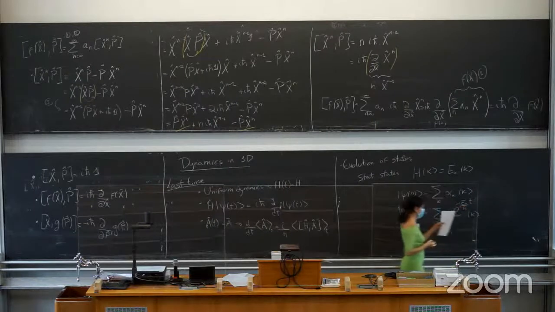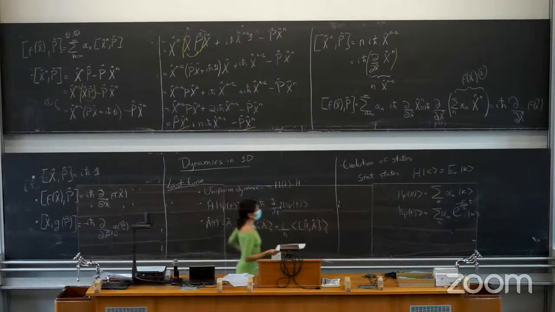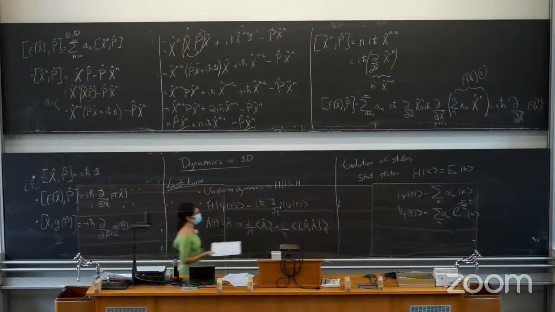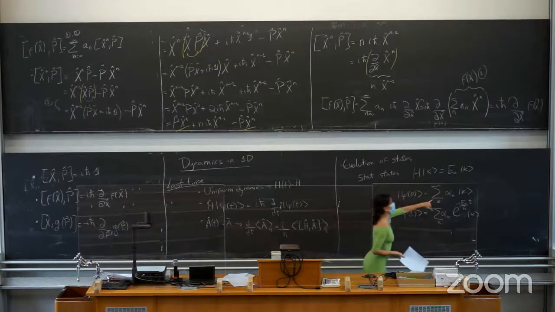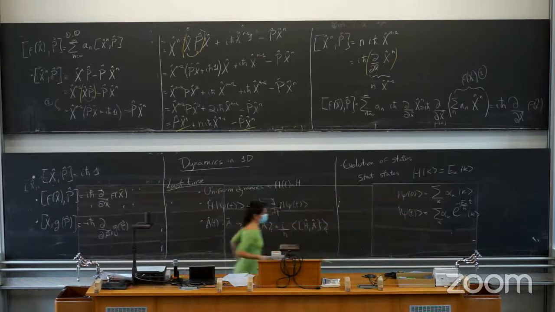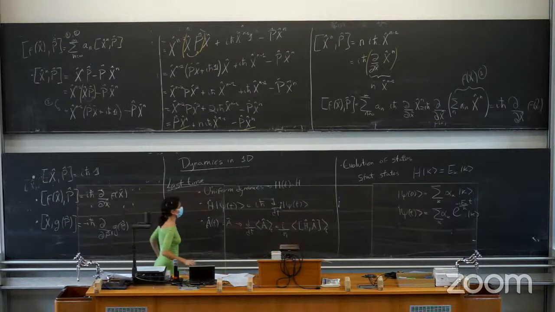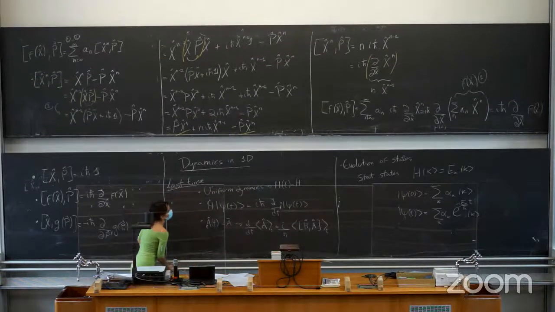And this is how we evolved states. In the continuous case, instead of a sum, we'll have an integral here, and normally we don't call them k for the energy basis, but that's it.